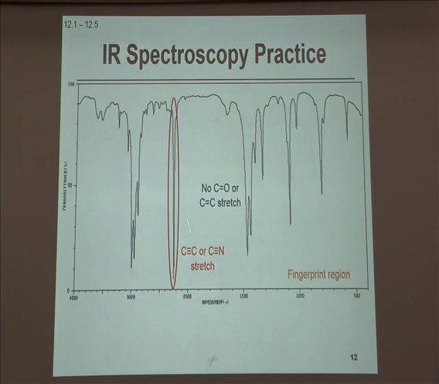We don't see any evidence of any sort of CO double bond or CC double bond stretch, and that region is pretty empty. We don't see any OH or NH stretch evidence, so we can probably say that this molecule has a cyano functional group. And in fact, this is an IR spectrum of a 3-carbon nitrile, which only has the cyano functional group in it.